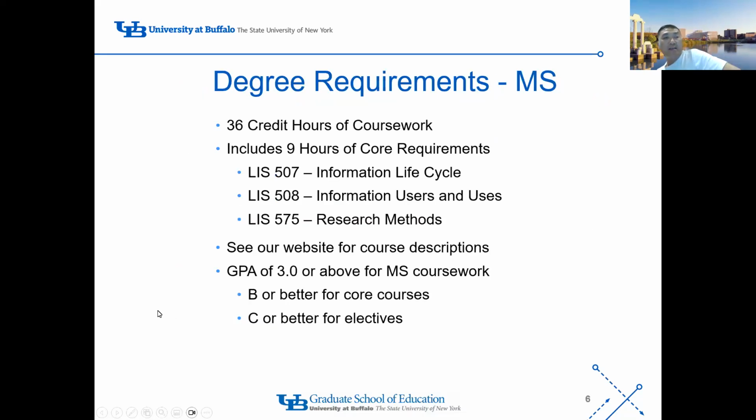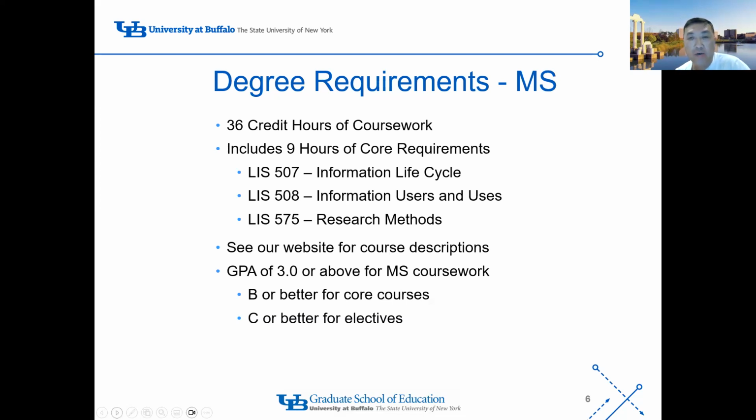As I already mentioned, the program is 36 credit hours of coursework, and here are the 3 core courses, all required: information life cycle, information users and use, and research methods. Our website provides a brief description of each course.